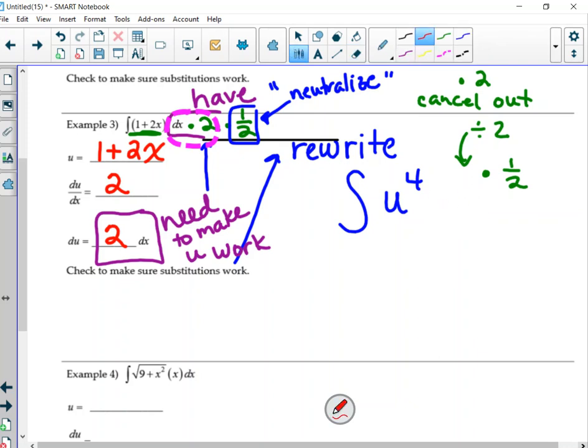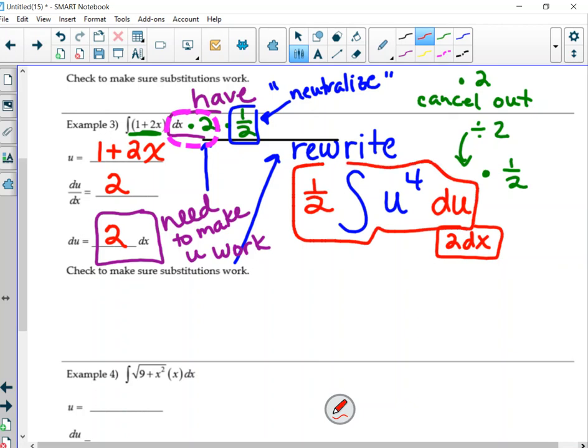So the du is the 2dx, and you have the extra 1/2, and that is the rewritten problem. That's the part usually when we use sub that you kind of go, yeah, I don't like that. Feels shady.